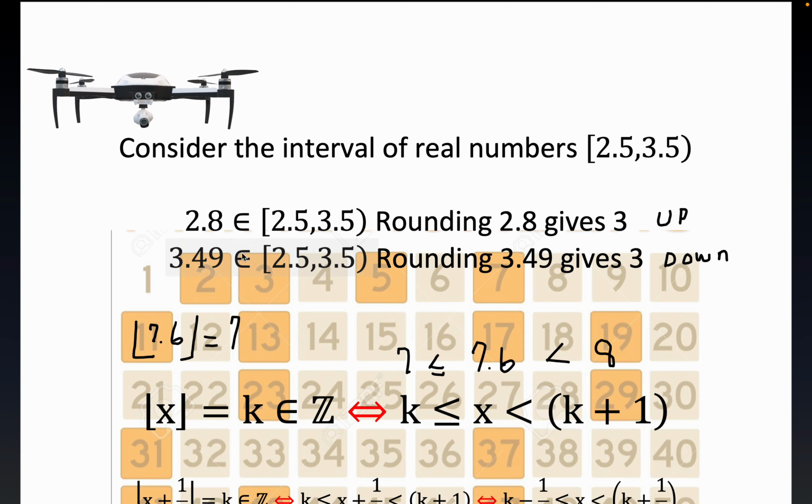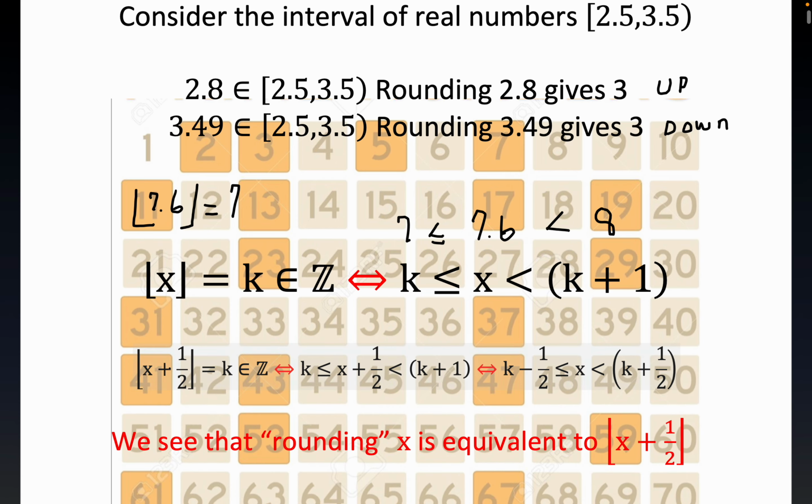Now notice how this particular interval was split down the middle, so to speak, and that motivates this definition of rounding. The floor, you round a number x based on the floor of x plus 1/2. Okay, and you can see that this is just a carbon copy of this, except we have x plus 1/2. It's exactly the same as what's above, and this becomes our definition of rounding.